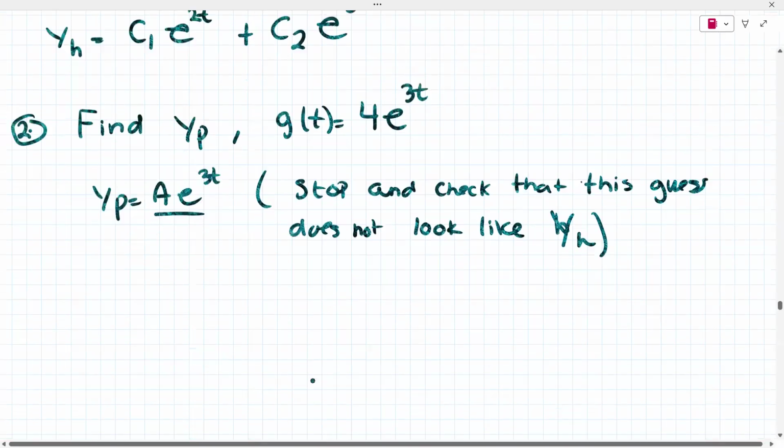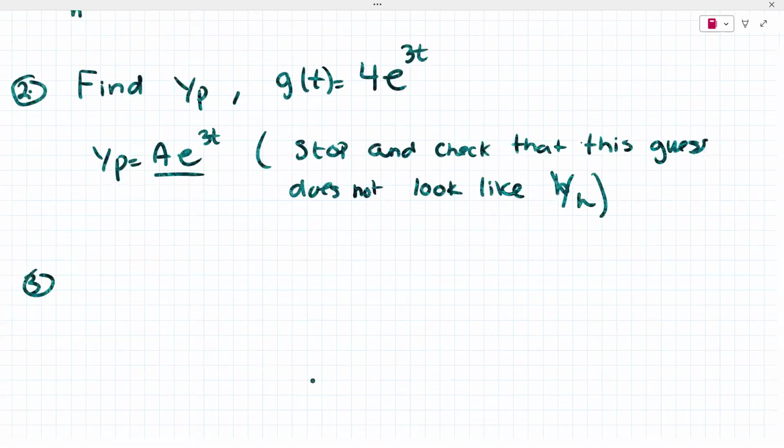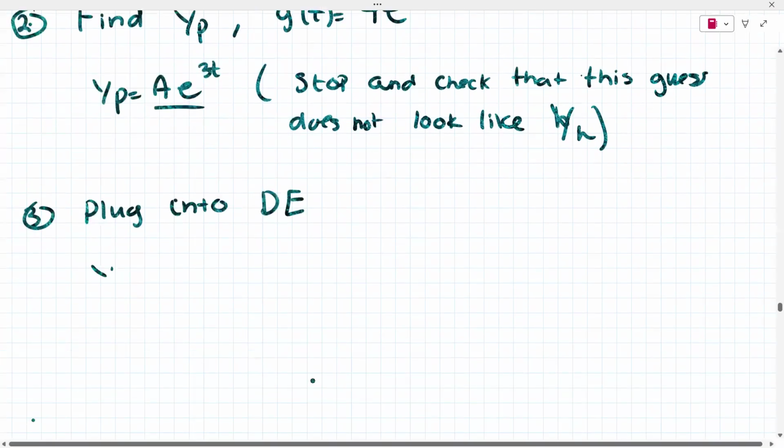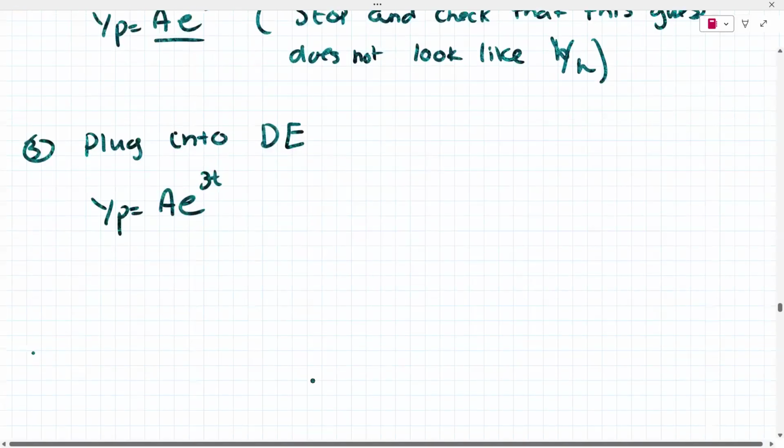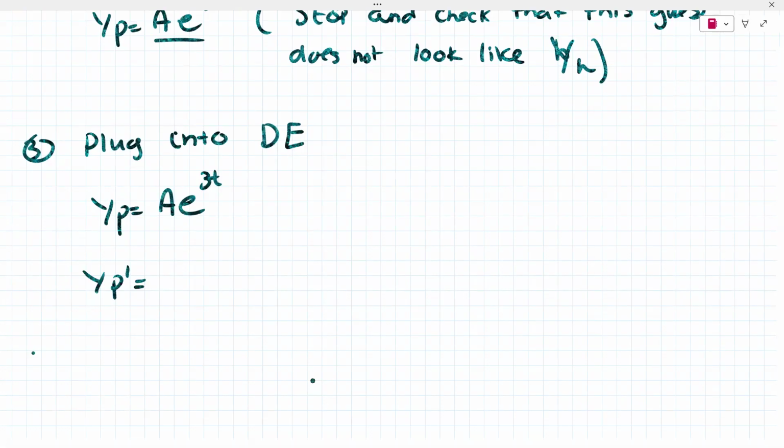So step 3 is I'm going to plug into the differential equation. My yp is ae raised to the 3t. My yp prime is 3ae to the 3t.